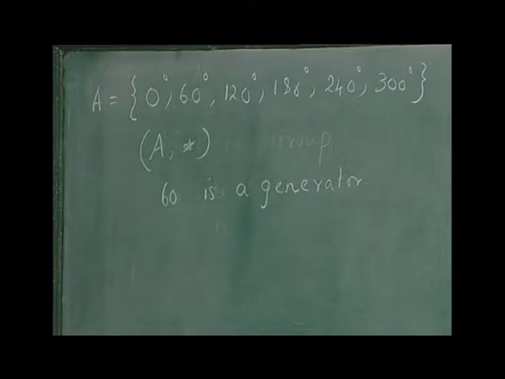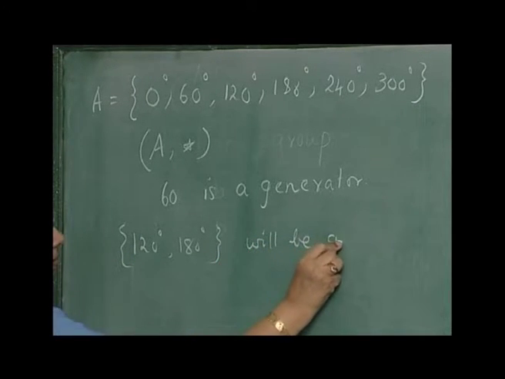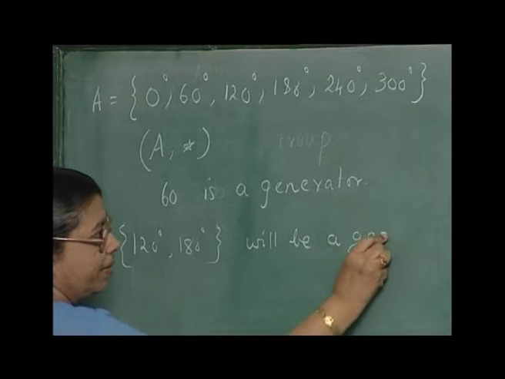So, 60 is a generator for this. Similarly, the set 120 and 180 will be a generating set.